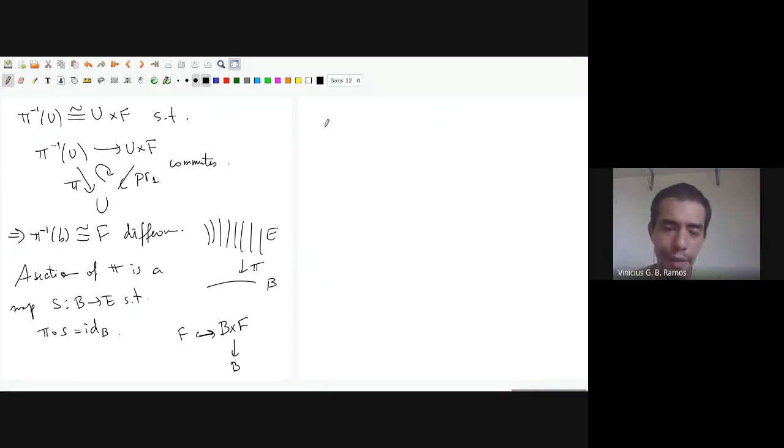So here, a simple example that satisfies what I said, where there are no sections, is, for example, if you look at the unit tangent bundle of S2. So this is the set of points (x, v). You can think of S2 as being embedded in R3 if you want.